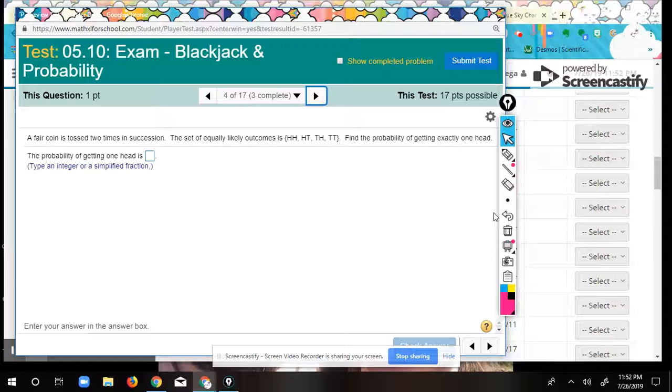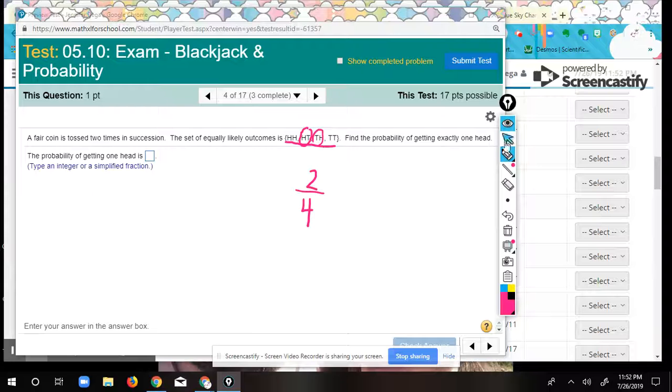Okay, this one, a fair coin is tossed 2 times in succession. These are our equally likely outcomes. We want to find the probability of getting exactly 1 head. There are 4 different outcomes for this, and there are only 2 circumstances where there's just 1 head.